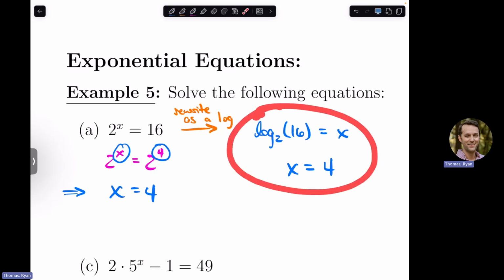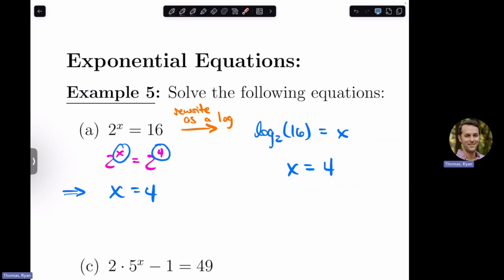Would this work equally well with the thing I just wrote down? If you rewrite it as a log, what do you get? X equals the log base 2 of, oh, hey, we solved it. Don't worry about this part.